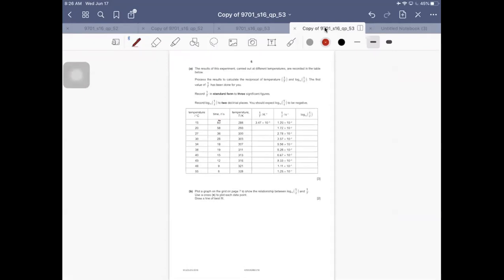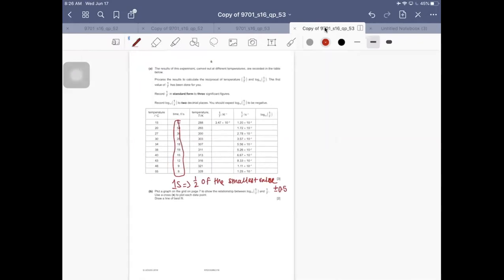Time is 1 second, so the smallest value is 1 second. That means the error is half of the smallest value. So the error in the timer that this experiment is using is plus minus 0.5.